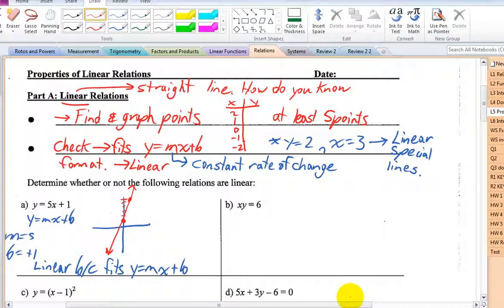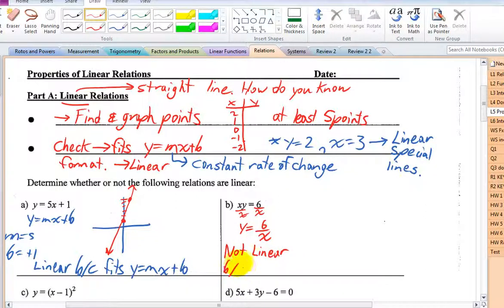B. Let's see here. X times y, y times x. How do you get rid of times x? What's the opposite of times? Divide by x. So we get y equals 6 divided by x. What? X is in the bottom of a fraction. We've never seen that. So it's not linear.